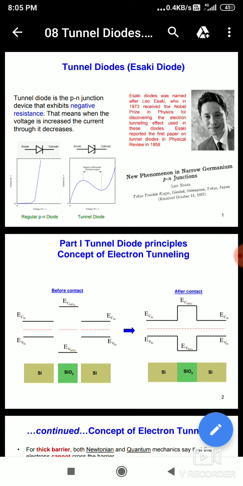Now we will study the width of the depletion region in tunnel diode. The depletion region is nothing but a region in a PN junction diode where mobile charge carriers are absent, and this depletion region acts as a barrier because it opposes the flow of electrons from the n-type semiconductor and holes from the p-type semiconductor.